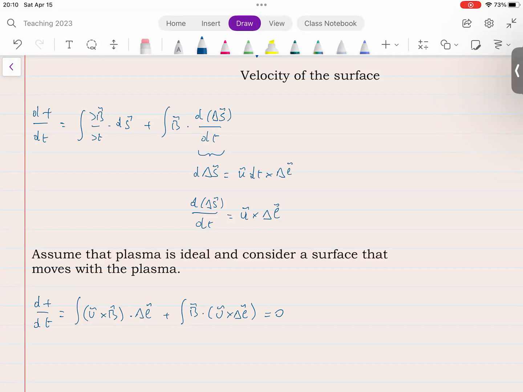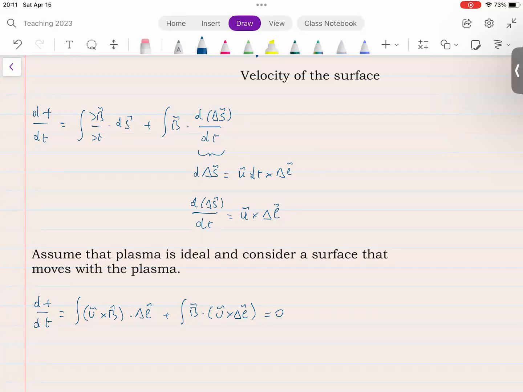In other words, what we've just proven is that the magnetic flux through an area that is bounded by a closed contour that is painted on the plasma, that is a closed contour that is moving with the plasma, does not change if the plasma moves.